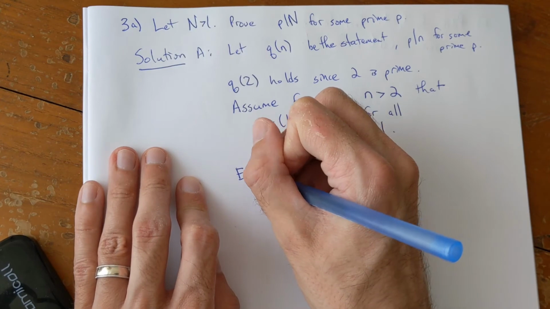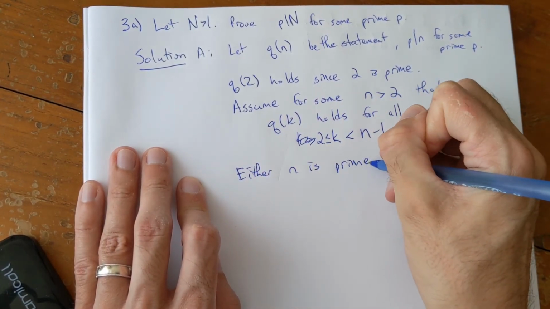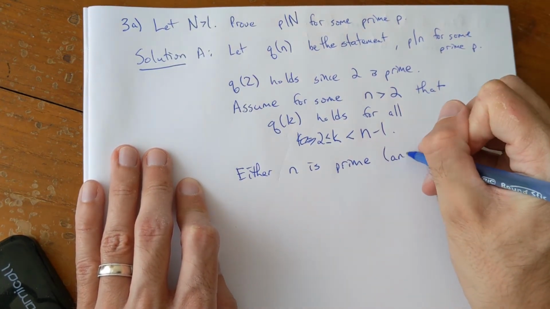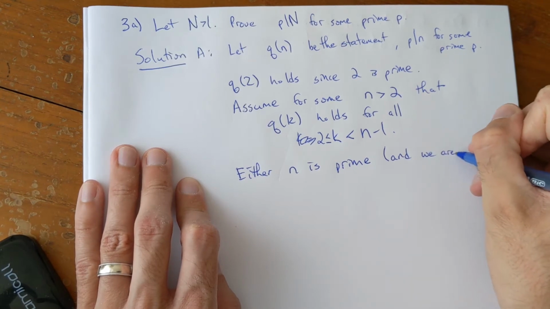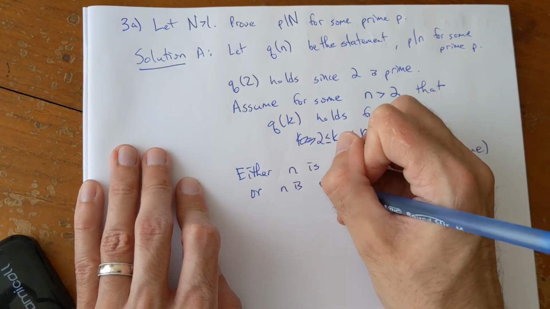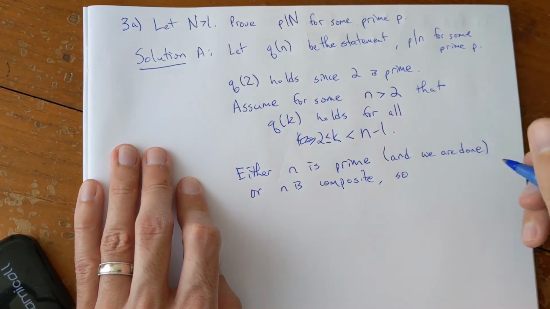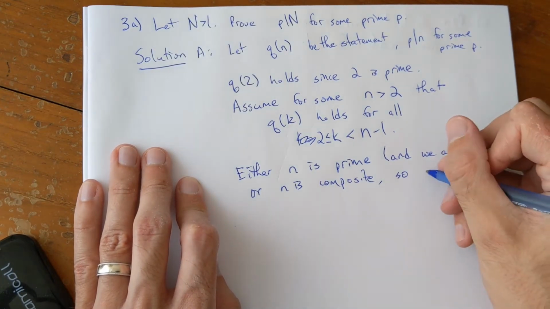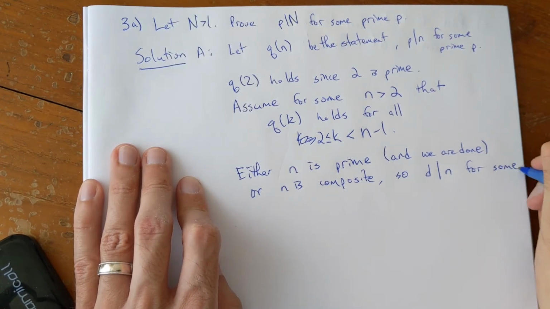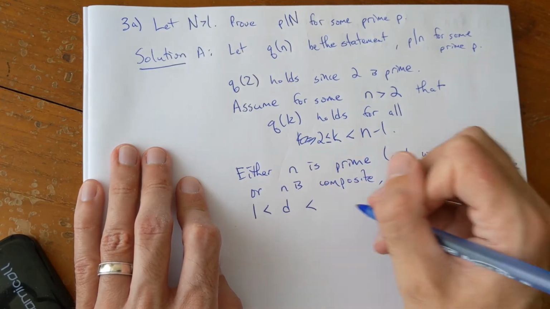So now either n is prime, and if n is prime, then n is divisible by n, so we're done. Or n is composite, so d divides n for some d strictly between 1 and n.